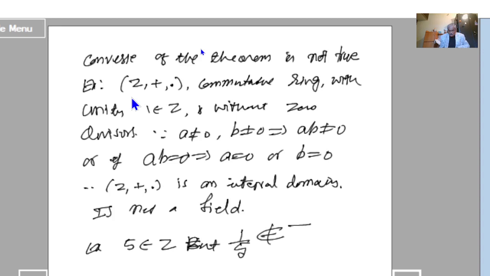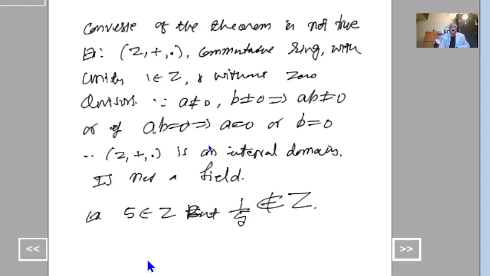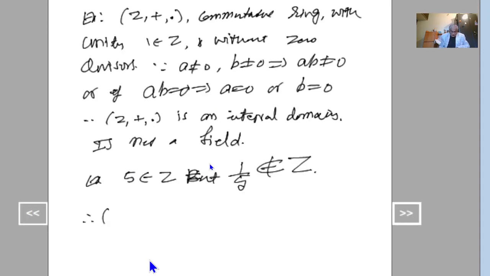This does not belong to Z. Therefore, Z comma plus comma dot is not a field. Okay. So that is every field is an integral domain, but every integral domain need not be a field.